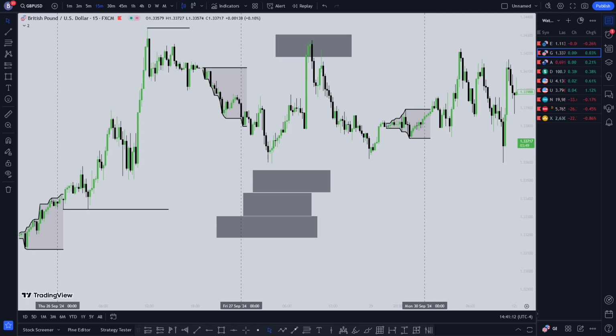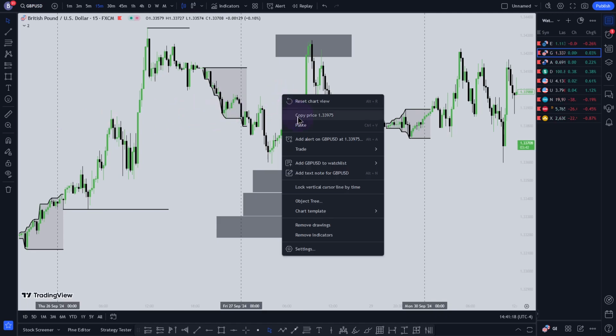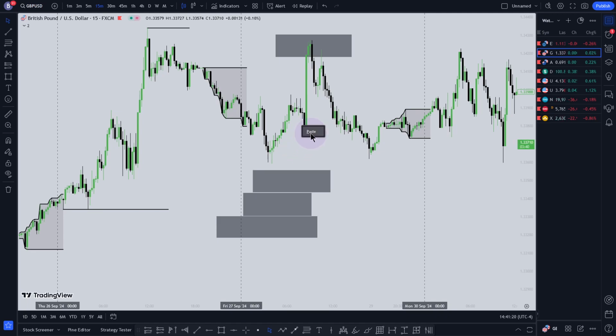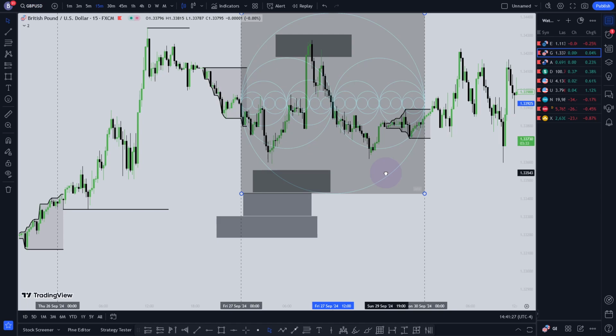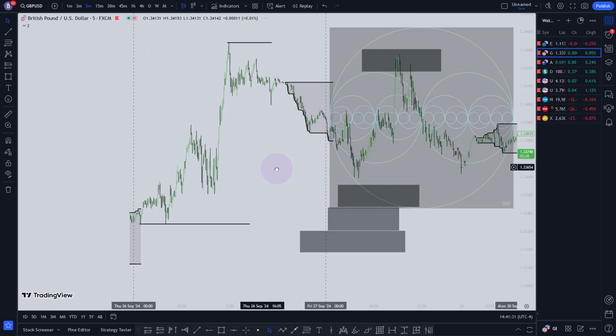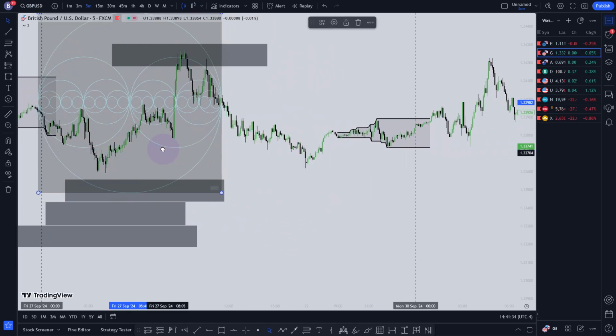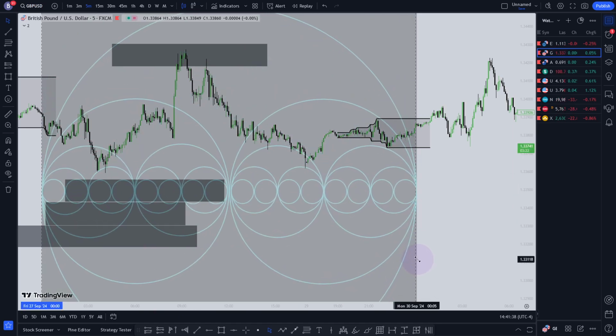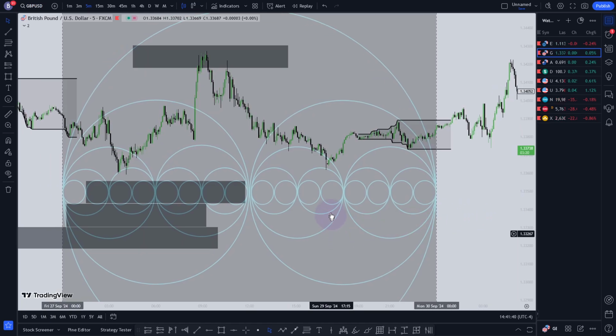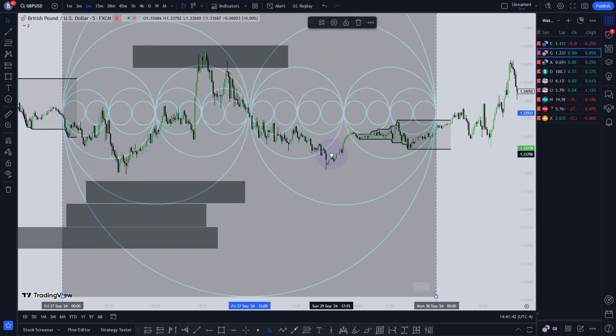Then I will use another logo, this one, from midnight to midnight like this. For that I'll have to drop to the 5-minute time frame, from midnight to midnight. Perfect.